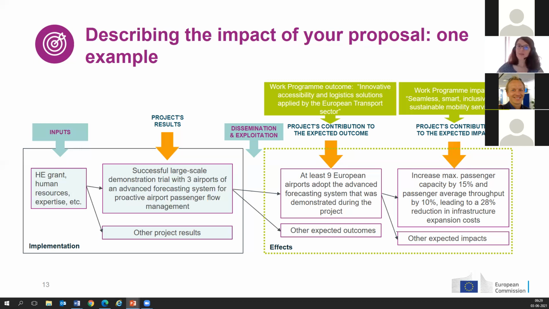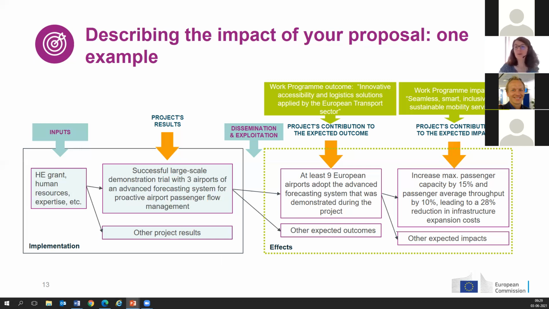And if we go one step further, the contribution to the expected impact, this is something that will happen even after. And as you can see in the slide, it could be, for example, an increased maximum passenger capacity by 15%, leading to a reduction of the infrastructure cost by 28%.